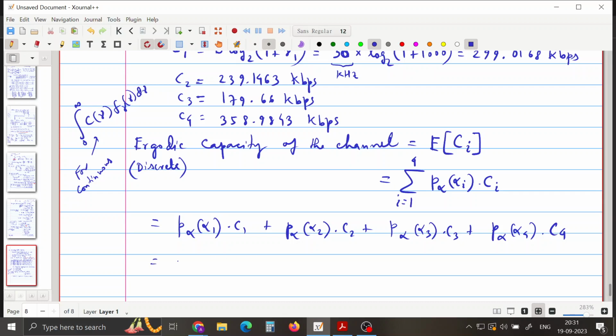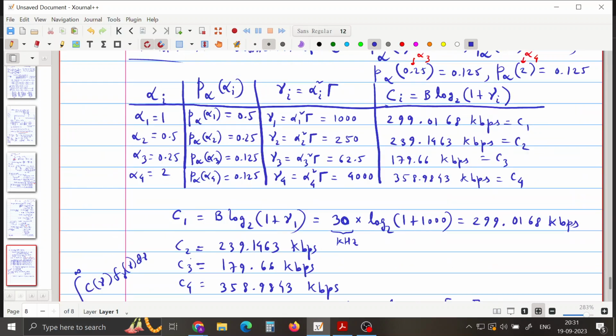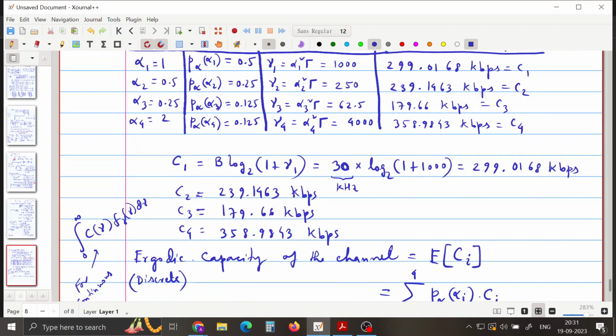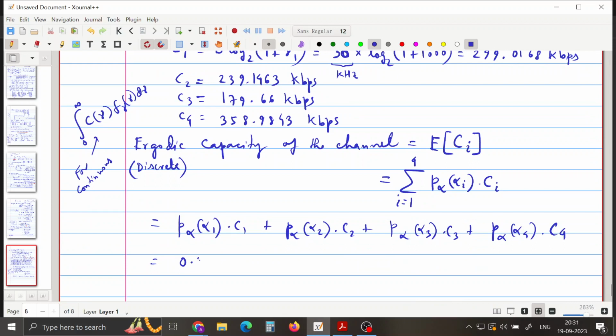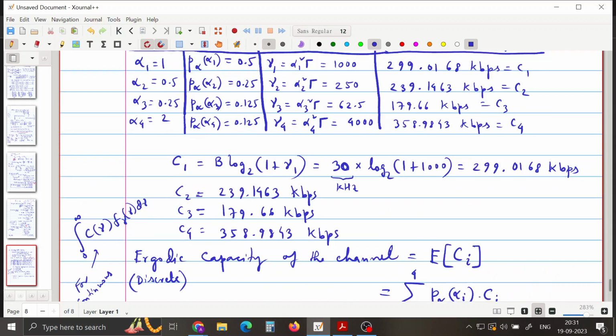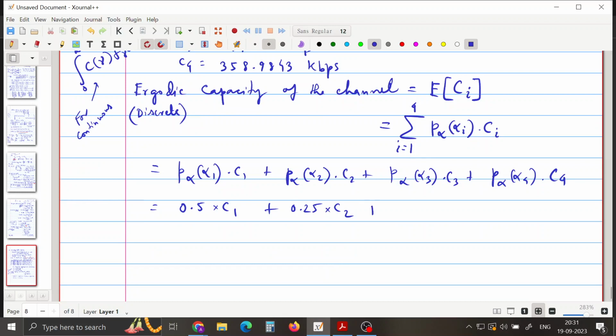Now p alpha of alpha 1, go to the table, is 0.5, from the given probabilities. So 0.5 times C1, plus the second probability, for alpha 2, was 0.25, and the remaining 2 were 0.125 both.